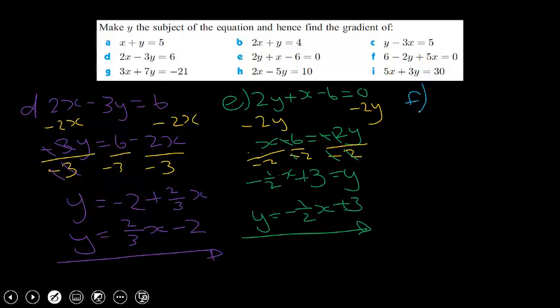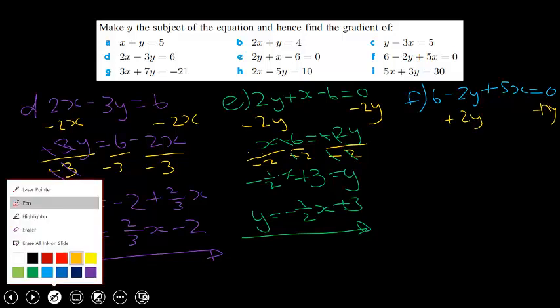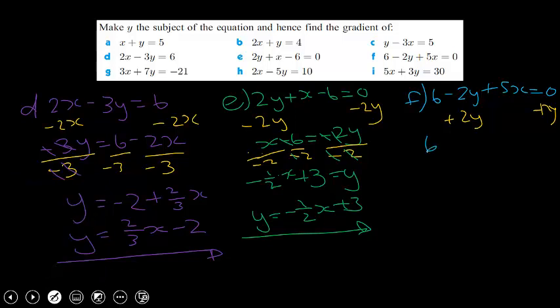Question F. 6 minus 2y plus 5x equals 0. I take my 2y over, plus 2y. 6 plus 5x equals 2y.